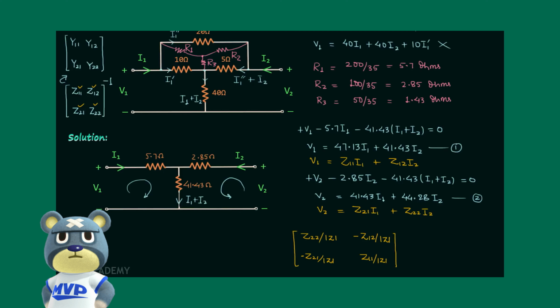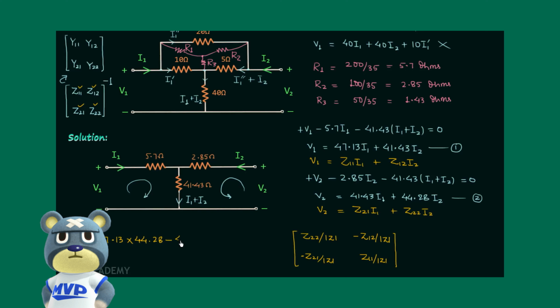The determinant will be equal to 47.13 multiplied by 44.28 minus 41.43 multiplied by 41.43.